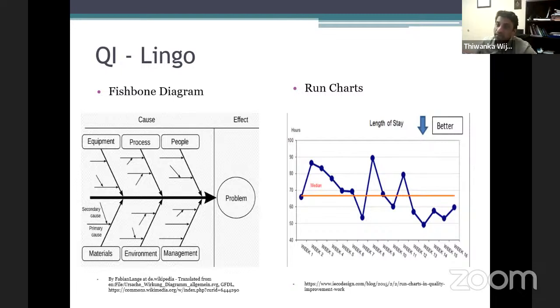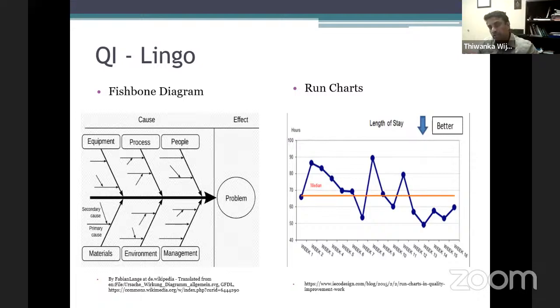There's something called the fishbone diagram. This is an analysis where you say, okay, in order to achieve this hand washing, what does it entail from a systems point of view, from a people point of view, and you always ask the question, what does it entail? We call it a causation analysis or a fishbone diagram.